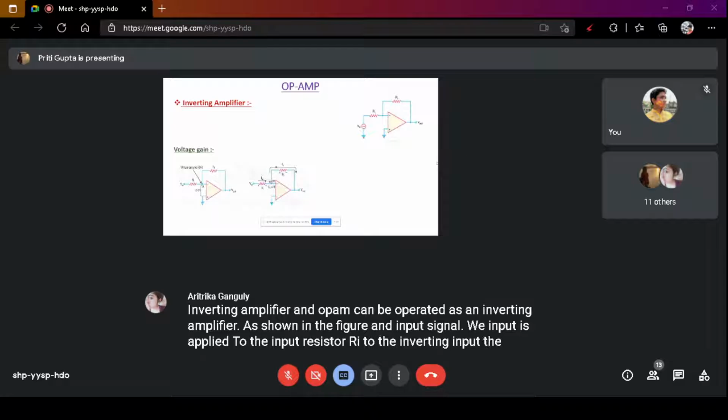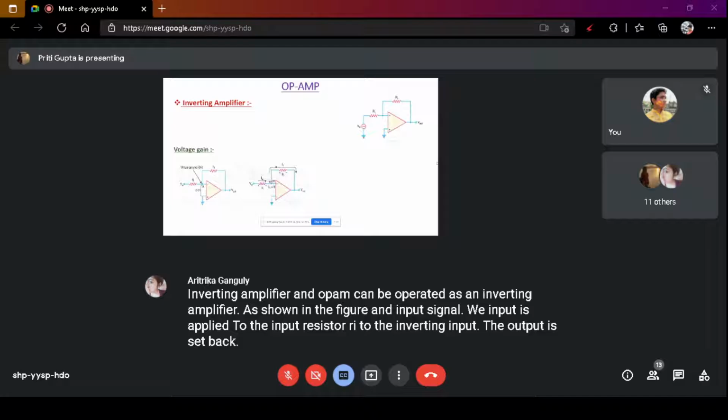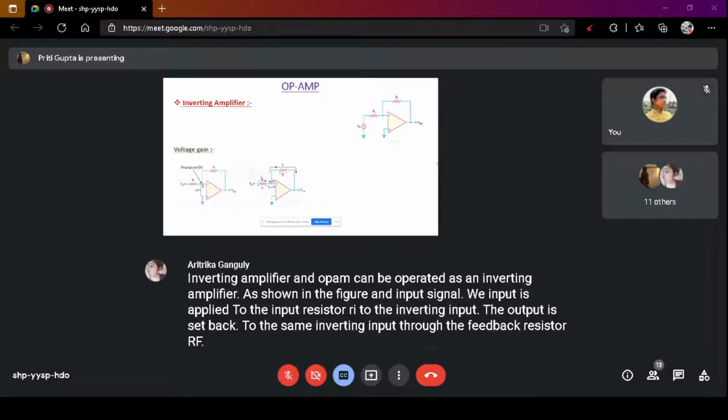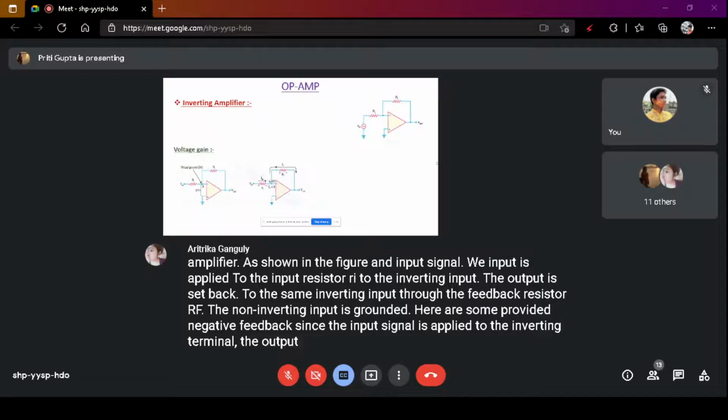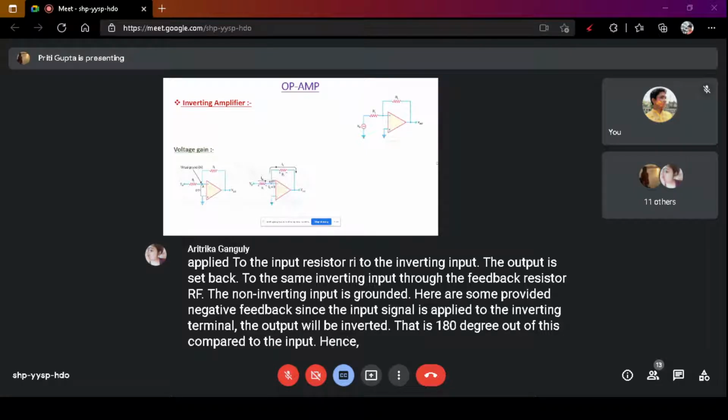The output is fed back to the same inverting input through the feedback resistor Rf. The non-inverting input is grounded. Here Rf provides negative feedback. Since the input signal is applied to the inverting terminal, the output will be inverted, that is, 180-degree out of phase compared to the input. Hence the name inverting amplifier.